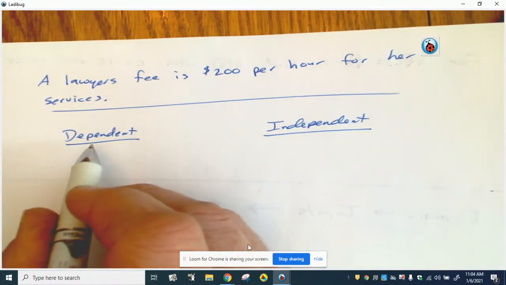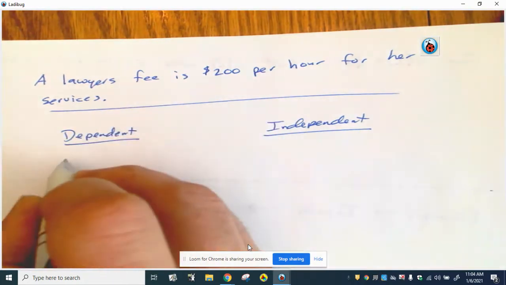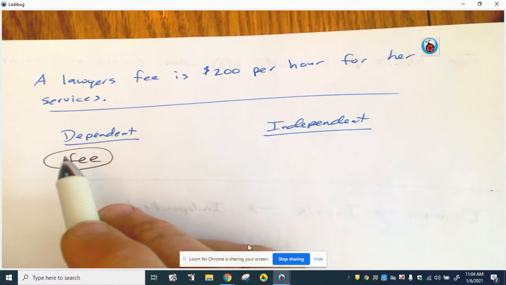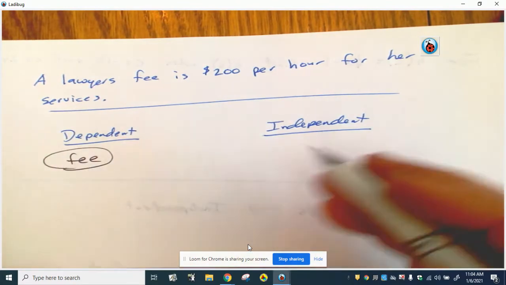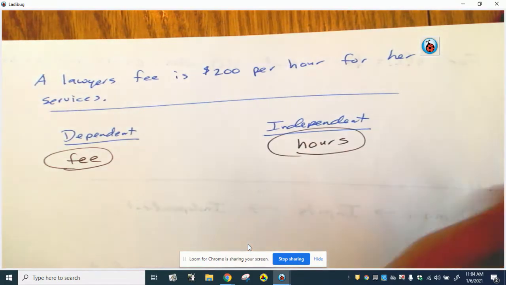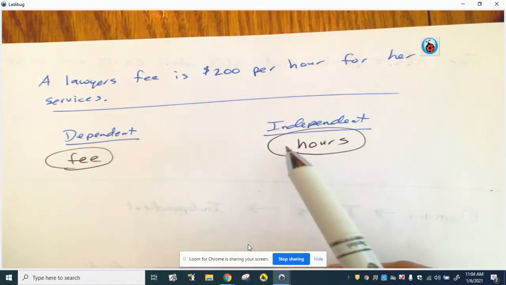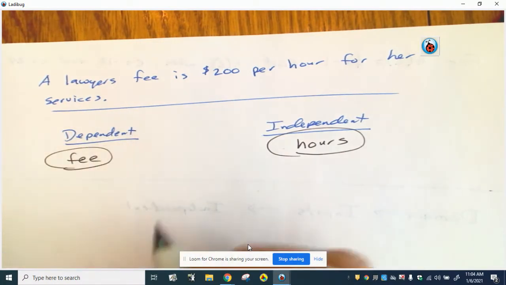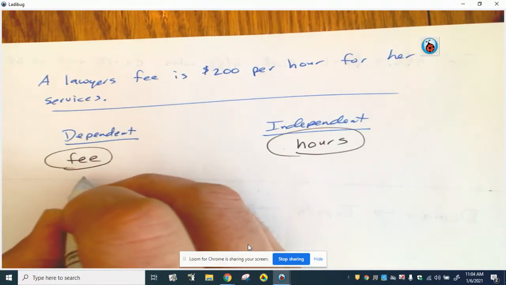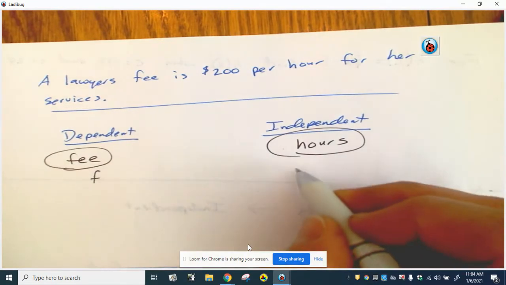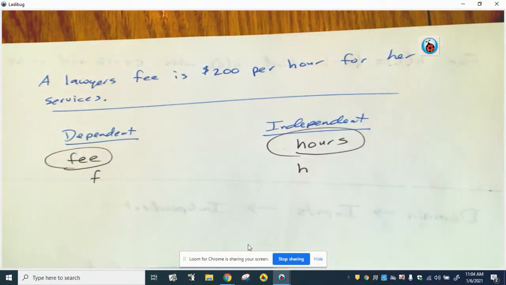The dependent variable is going to be the fee, because how much it costs for the lawyer depends on how many hours. So the number of hours is the independent variable, and the fee is the dependent variable. Let's let f be the dependent variable.